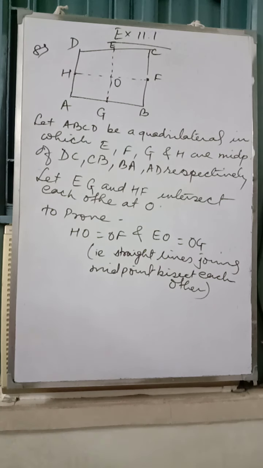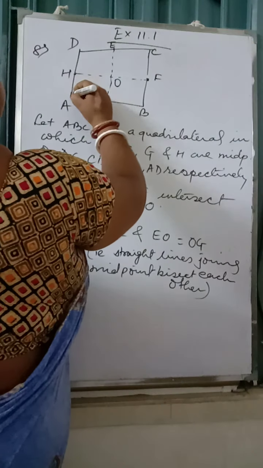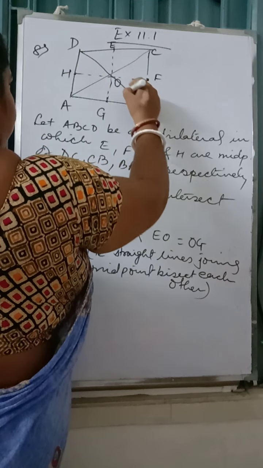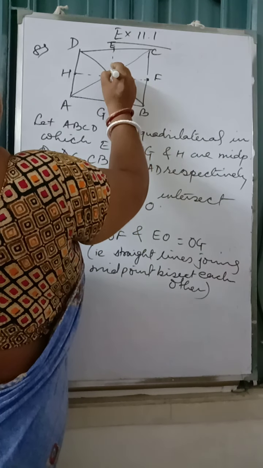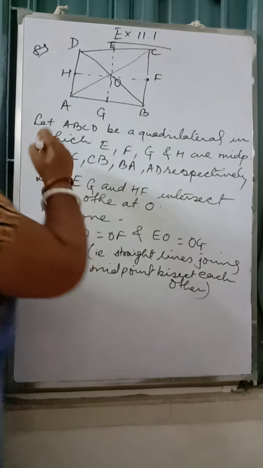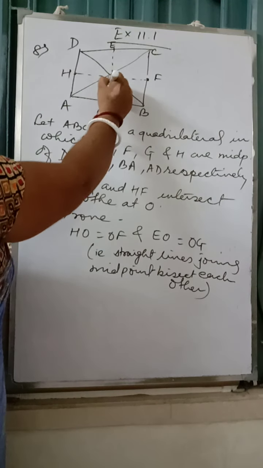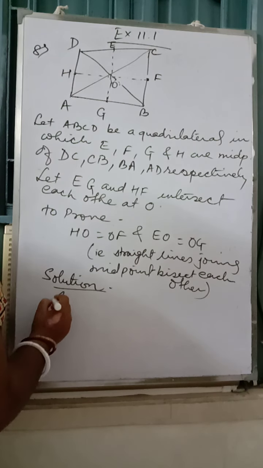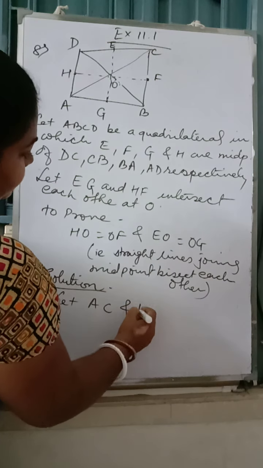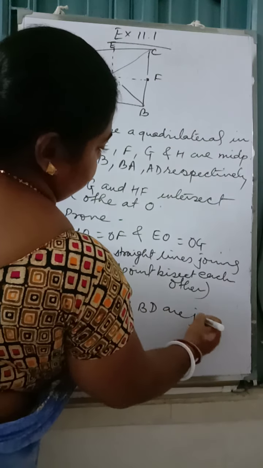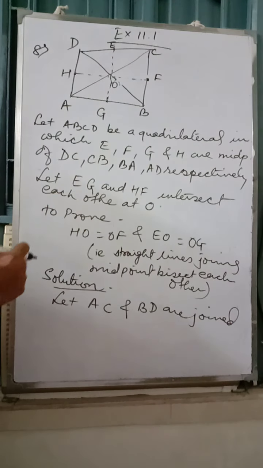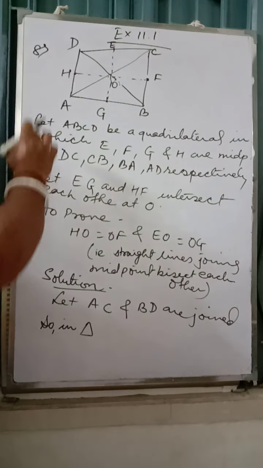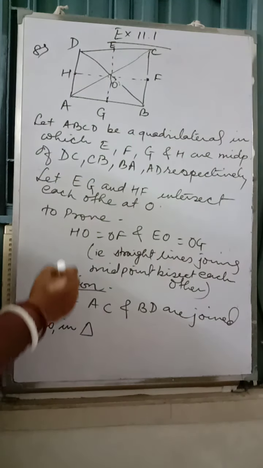Now, for solution, I am going to join AC and BD. Solution. Let AC and BD be joined. So in triangle, first come to ABC.